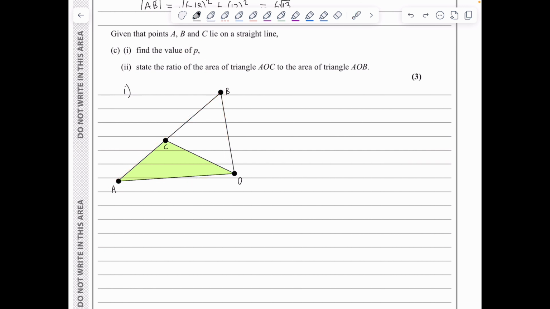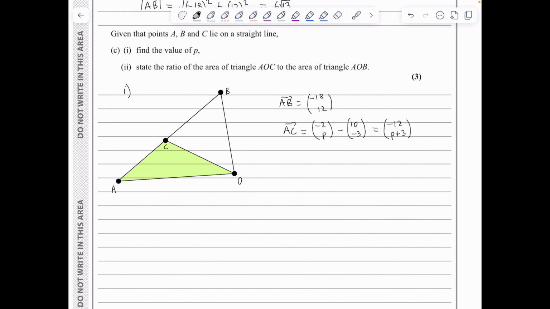We know that the vector AB is negative 18, 12, and then I can proceed to find the vector AC. Now the vector AC is going to be the position vector of C, which is negative 2, p, minus the position vector of A, which is 10, negative 3. So negative 2 minus 10 is negative 12, and p minus negative 3 is p plus 3.